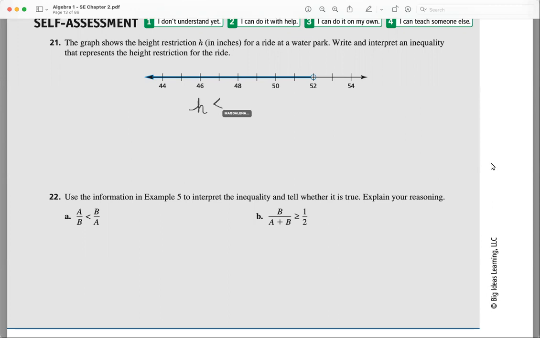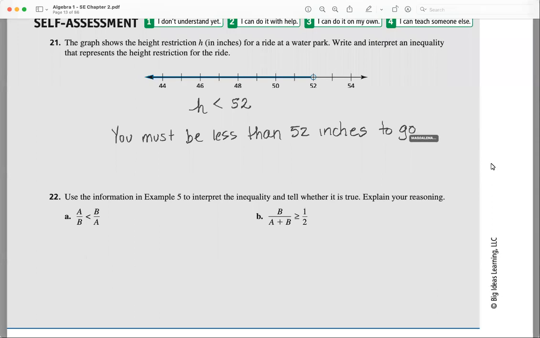So it's going to be 52. So h is going to be less than 52, any number less than 52. What does it mean? That you must be less than 52 inches to go on the ride. So if you go to Disney and you go to the section with the little kids, then they won't let you ride if you're more than 52 inches, because these rides are done for little children.